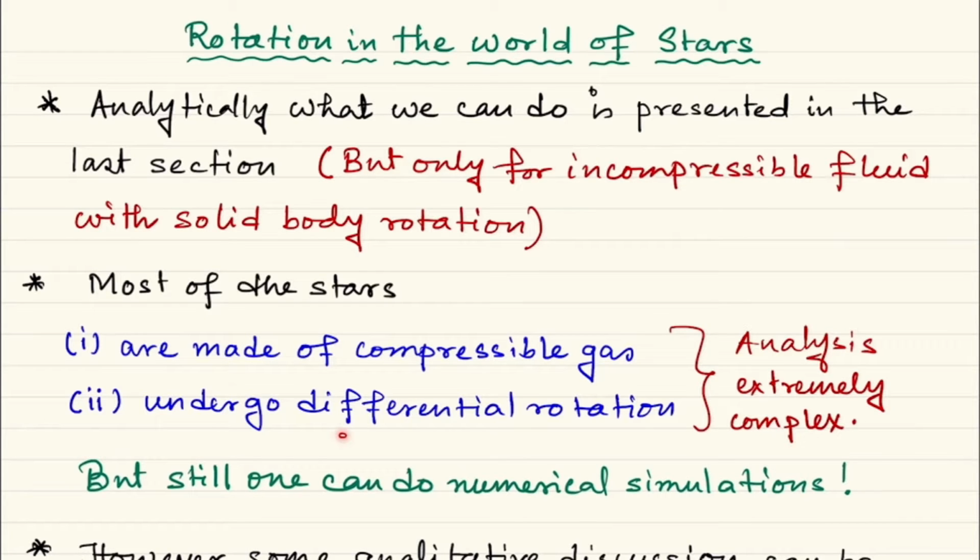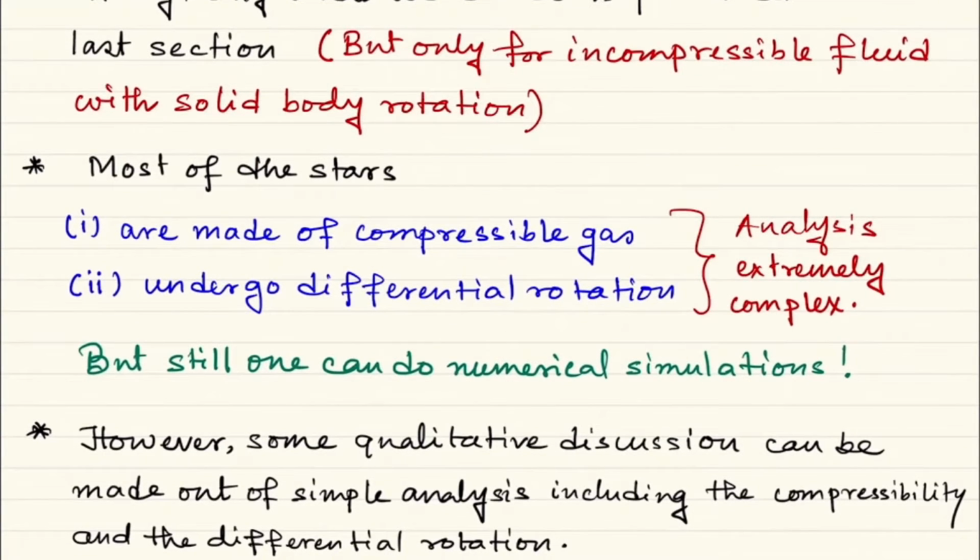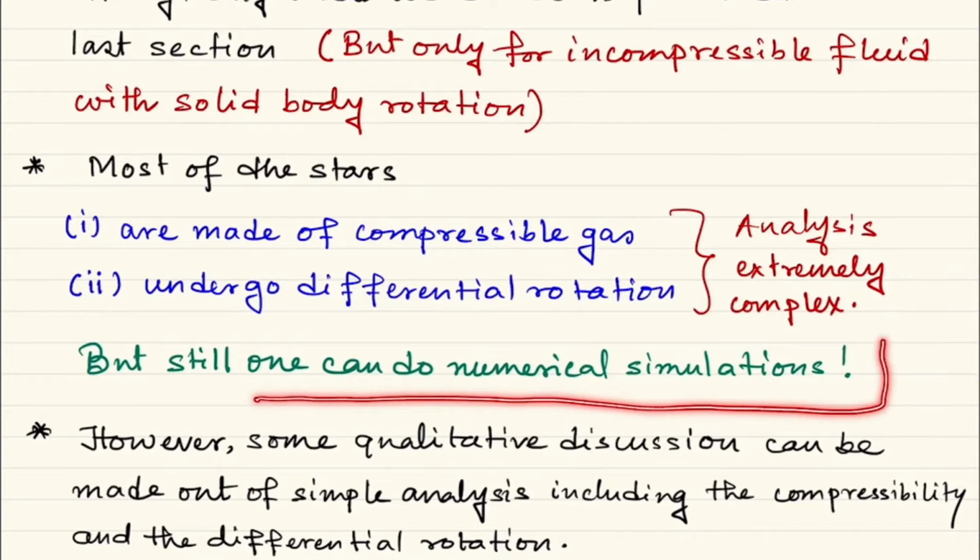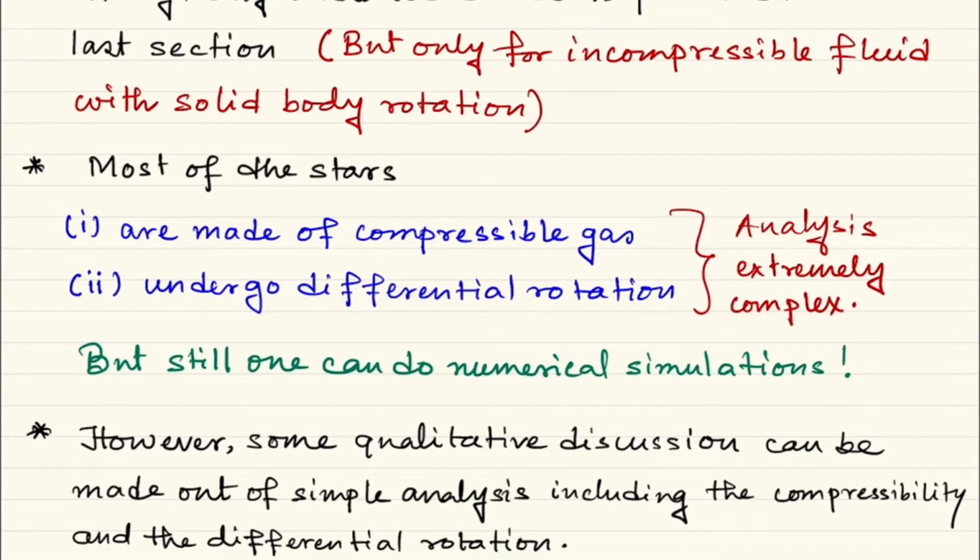For a star rotating with moderate or large angular speeds, the possibility of differential rotation cannot be avoided. Then the analysis is extremely complex, but as I said, the only resort is to do numerical simulations, and of course for some special cases you can still do some analytical treatments.